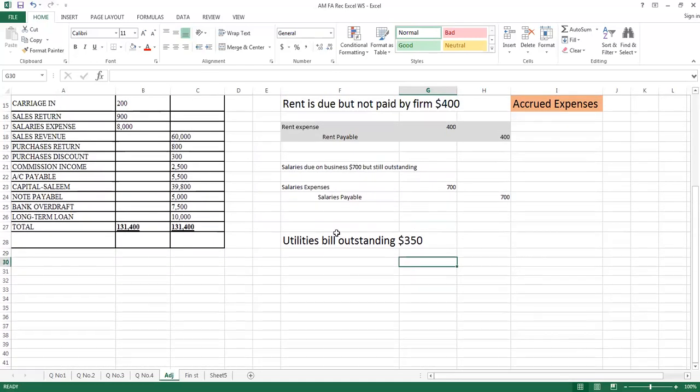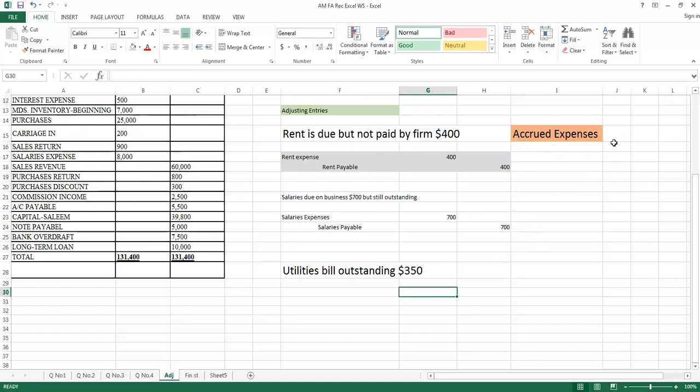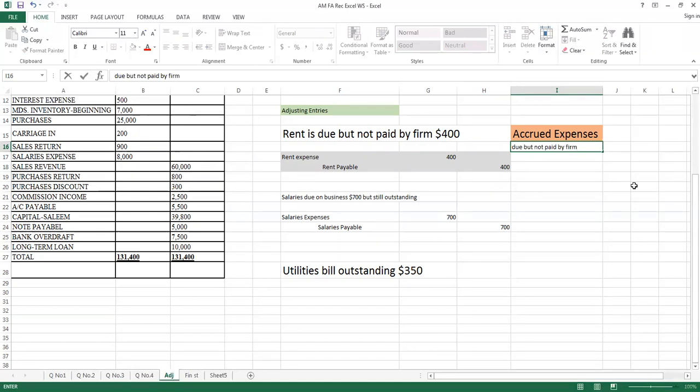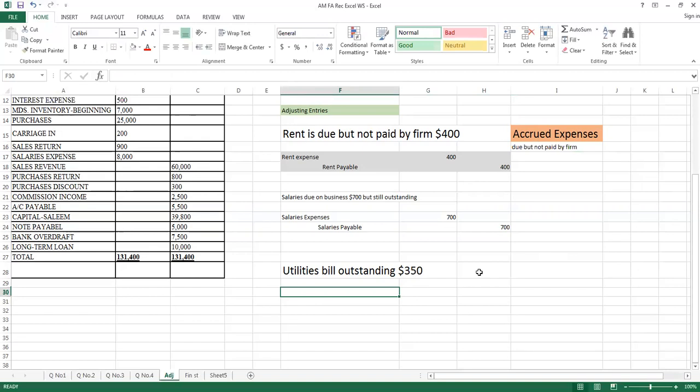But now the question is, if any expense is still outstanding, can I classify it as accrued expenses? Yes, because accrued expense means any expense due but not paid by the firm. So what entry is possible? Now think first, then I'll present over here. Yes, you can try. Even some of the students attending this lecture will find it quite easy to prepare this entry now.